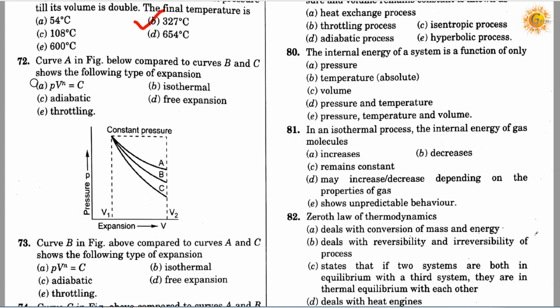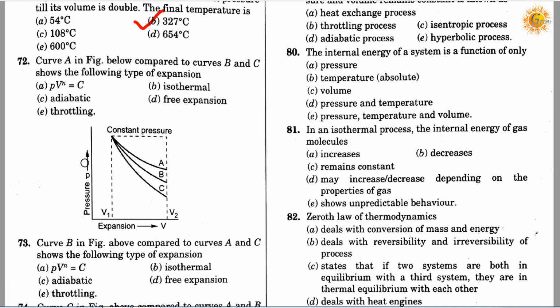Question number 72. Curve A in the figure below, compared to the curves B and C, shows the following type of expansion. Option A is PV^n equal to C, option B is isothermal, option C is adiabatic, option D free expansion, option E is throttling.